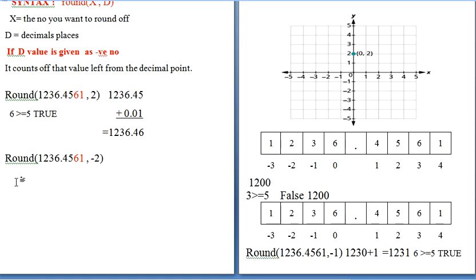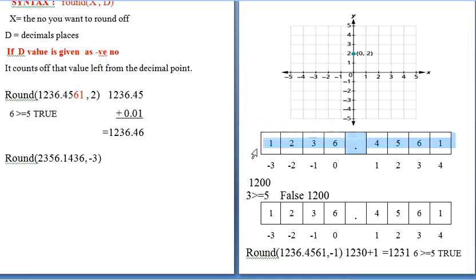Let us solve one more example over here. Instead of taking this value, let us take round off 2356.1436 comma minus 3.